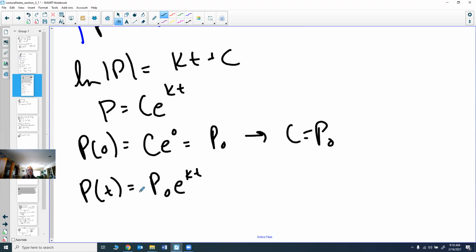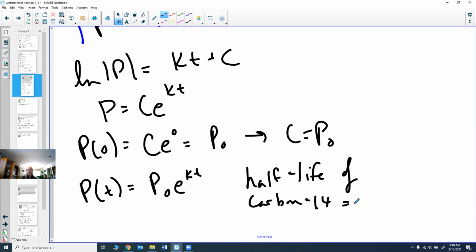But the problem is we have too many parameters. We don't know what P0 is. We don't know what k is. We've got to find both of these. So we're going to use something we do know. We do know that carbon 14 has a half-life, and this is actually known through experimentation.